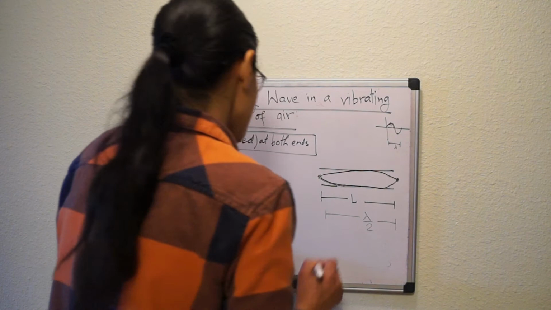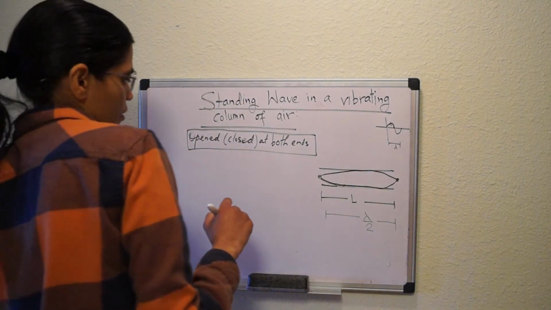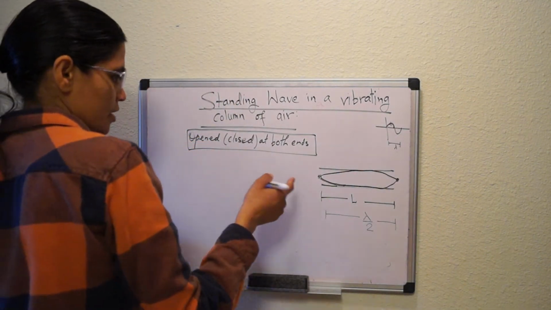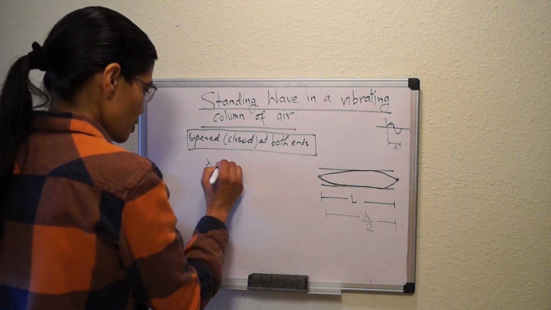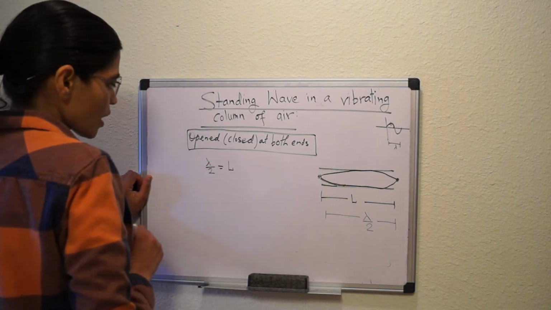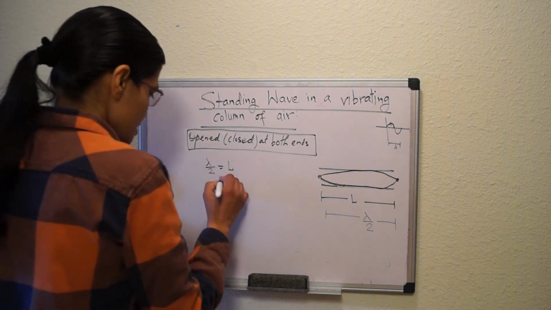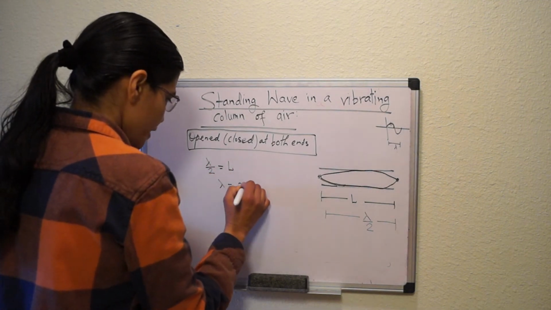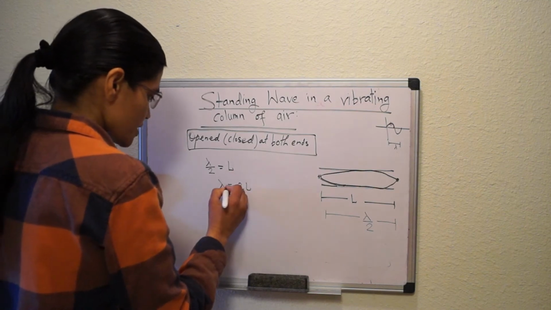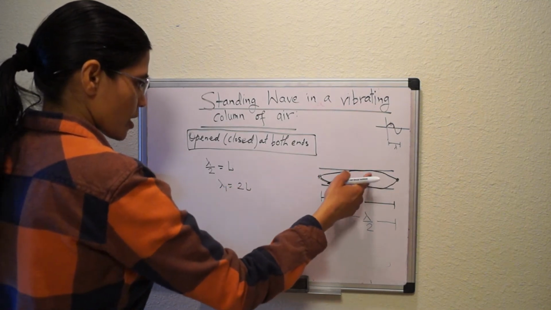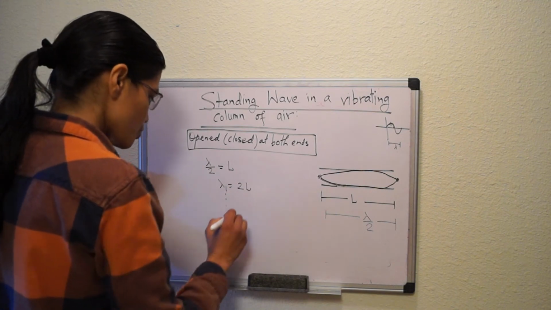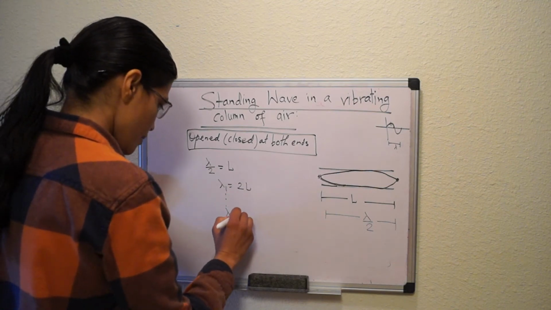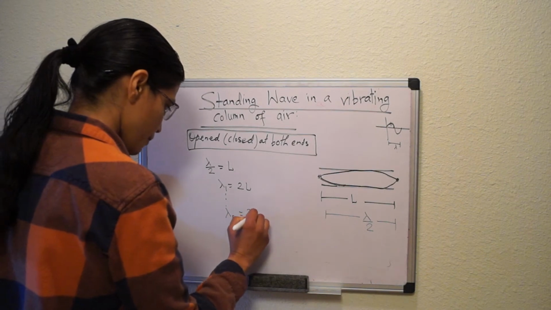For a tube with both ends open, we can write lambda by 2 equal to L, so lambda equal to 2L. Let's call this lambda 1, with only one antinode here. If we keep doing this, we find that lambda m equal to 2L by m.